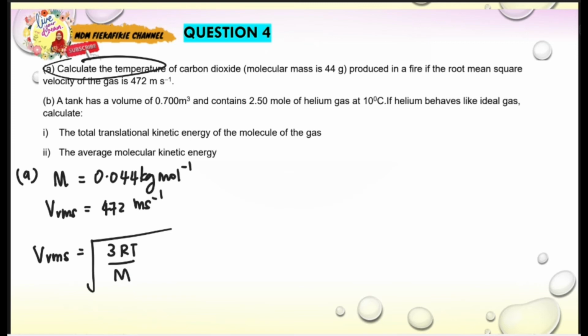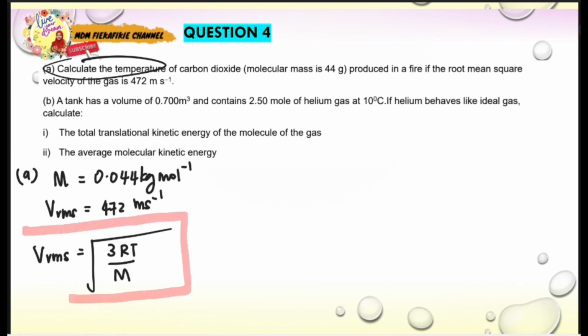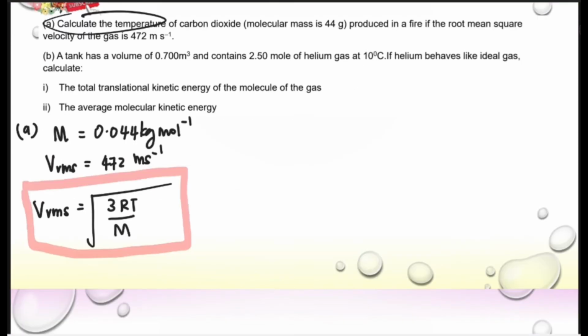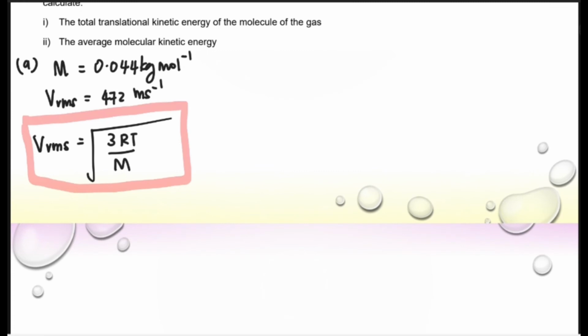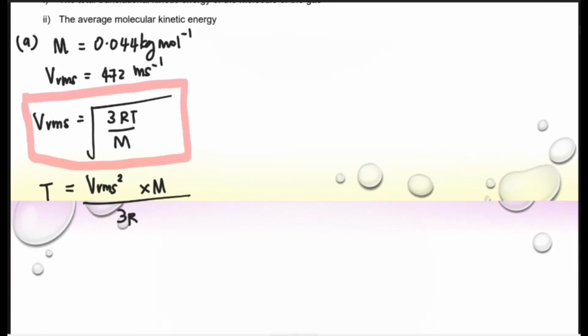Kalau kita guna 3KT over small m, which is mass of the gas. Okay, so I will use this equation. Alright, so now we can just substitute. Okay, kita nak cari temperature T. So rearrange the equation, kita akan dapat T is equal to VRMS squared. Okay, pastikan rearrange dengan betul.